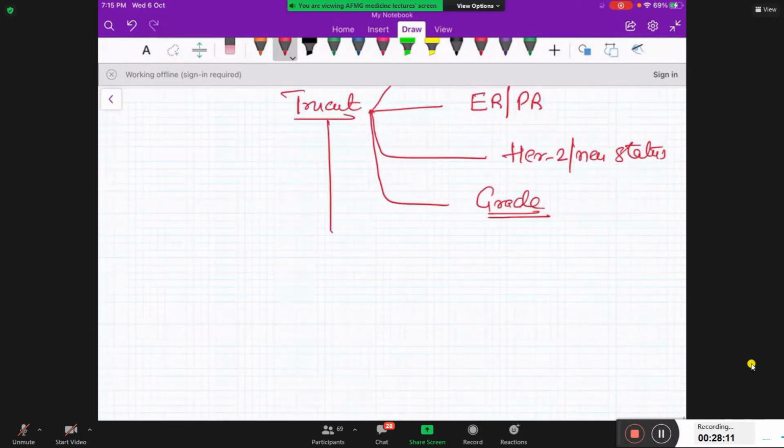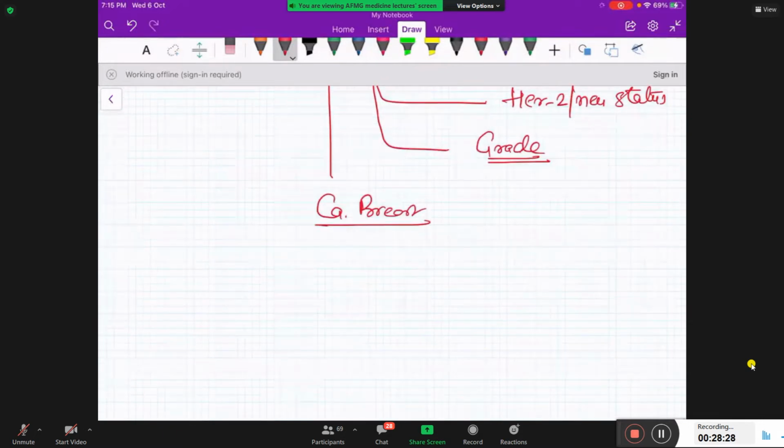Now correct me if I'm wrong. After this, my diagnosis of carcinoma breast is established. Yes or no? It is confirmed that my patient is suffering from a breast malignancy. So what should I do now? I have to decide the management.